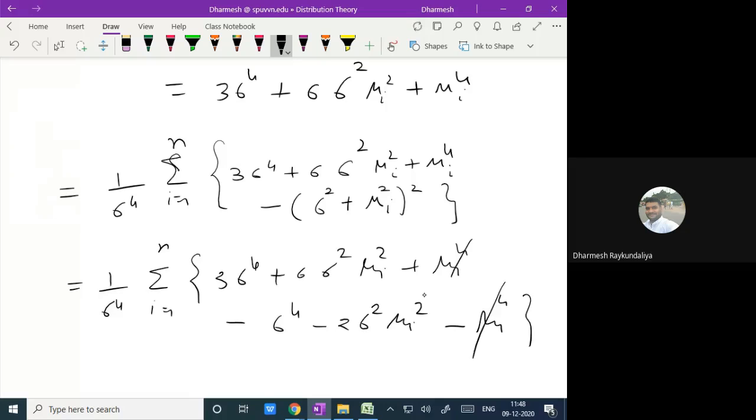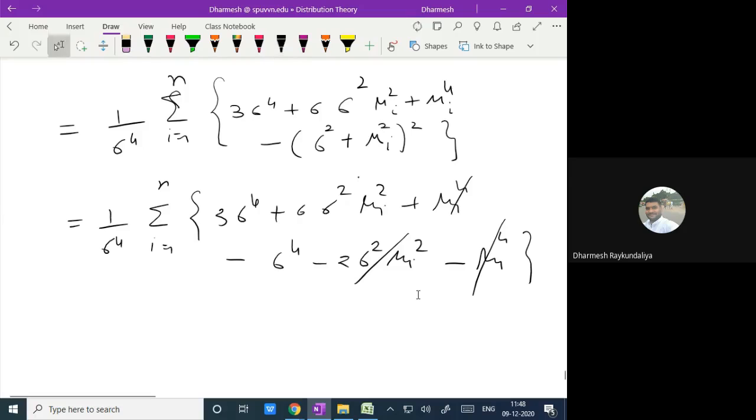So this will cancel out, this will cancel out. With here it is 4, and here 3. So we get 1 upon sigma raised to 4, summation i from 1 to n, 2 sigma raised to 4 plus 4 times sigma square mu i square.